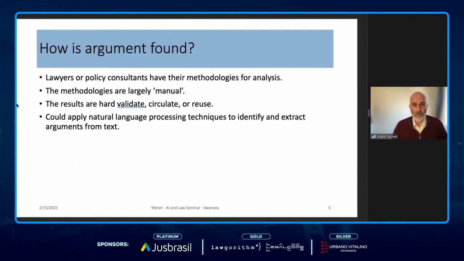As I've mentioned, there may be various places where we find arguments. I've mentioned a couple of them already. And how do people come to organize these arguments? Largely what's going on right now is that the methodologies for analyzing and organizing arguments are manual.